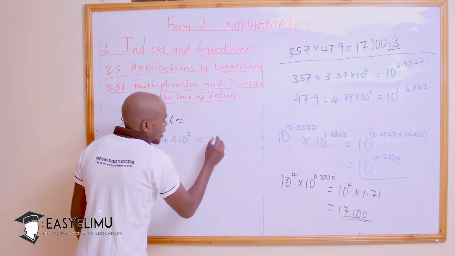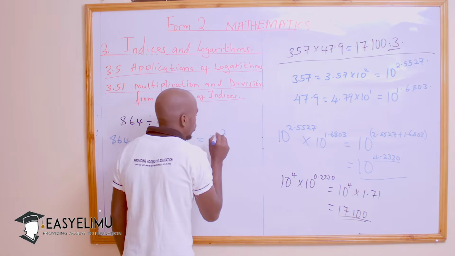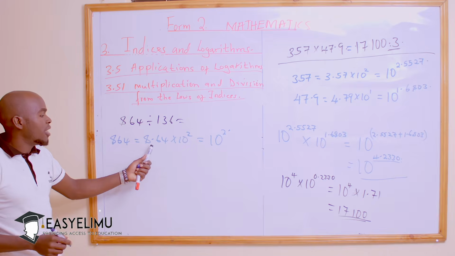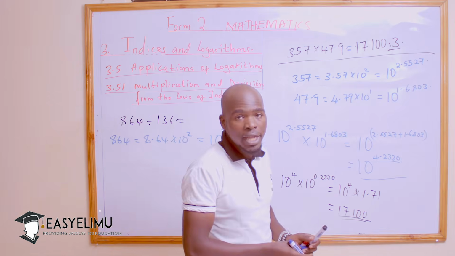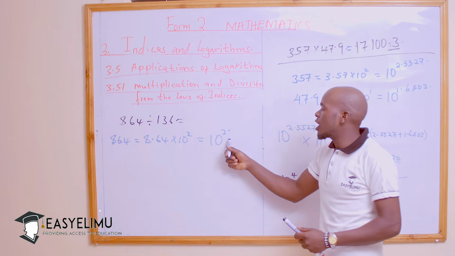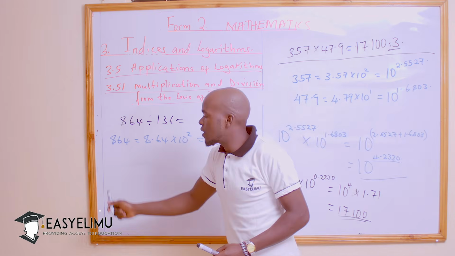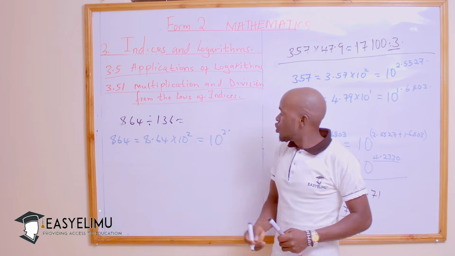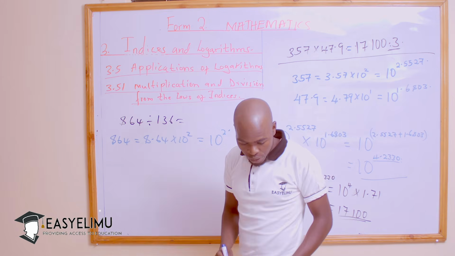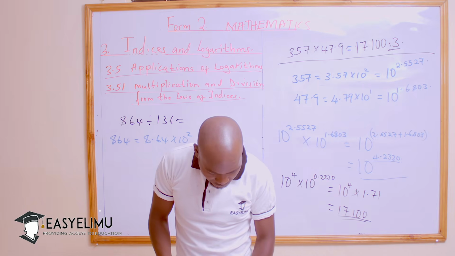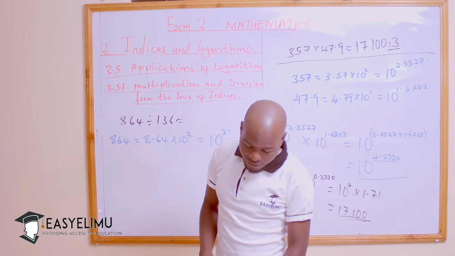And this number can still be written in the form of 10 raised to power 2 point something. Now, we find the logarithm of 8.64, so that if you find the anti-logarithm of the number you have found, you will still get the same value as 864. The logarithm of 8.64 is 0.9365.